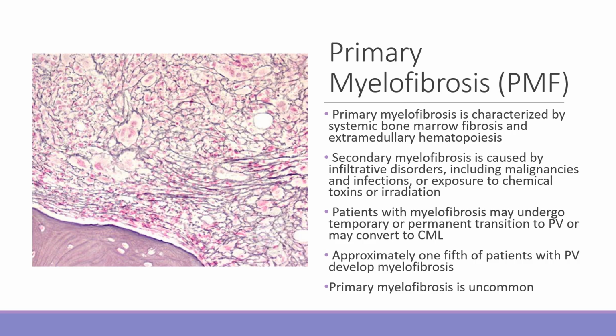I feel like it just uses up everything that's in there. It kind of dries it out. It's like an overworked horse. It just falls over and it's like, I can't do this anymore. But primary myelofibrosis is pretty uncommon.